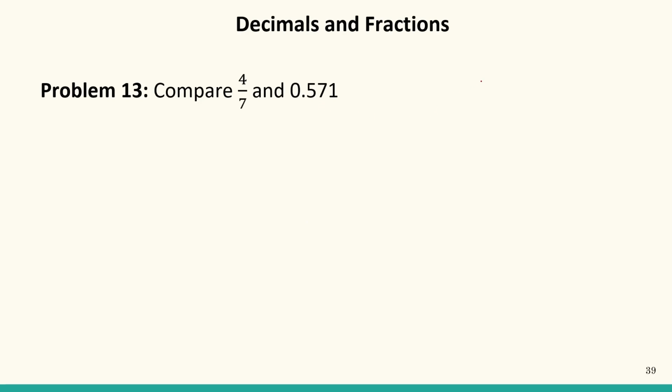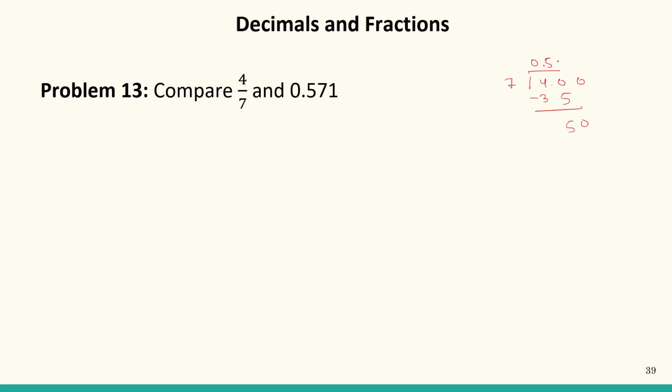So let's convert 4 by 7 into decimal. 7 into 5 is 35, and we have got 5, and then again another 0, we can put it down here.